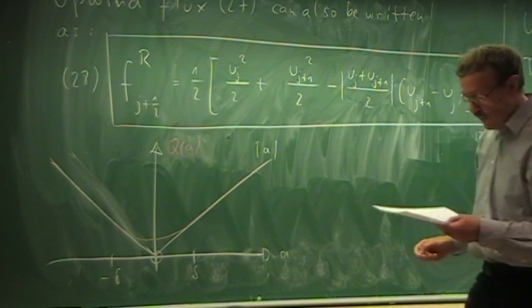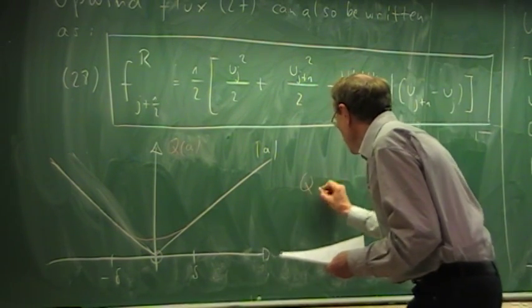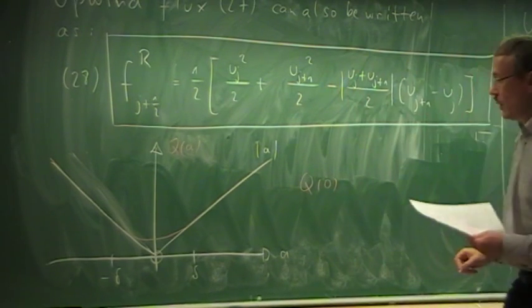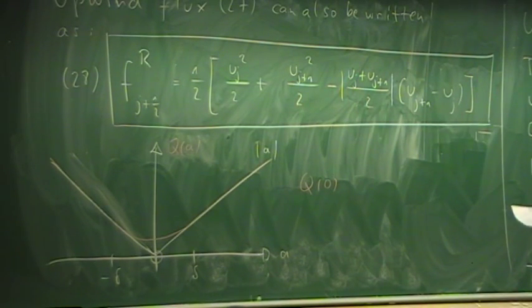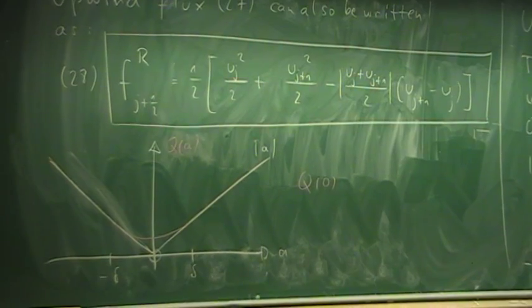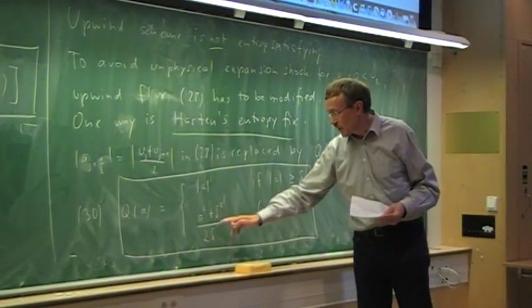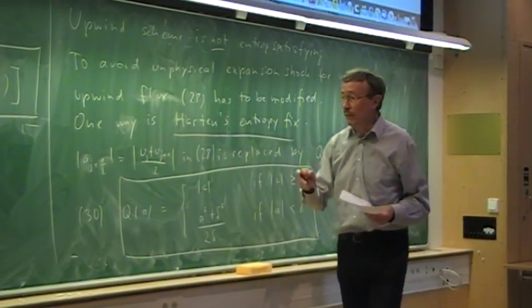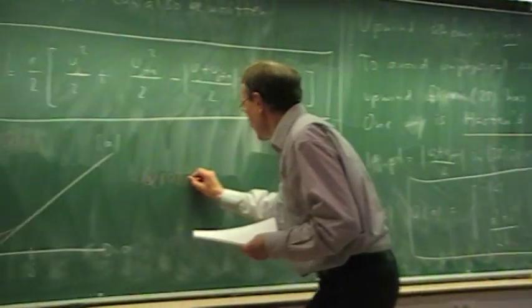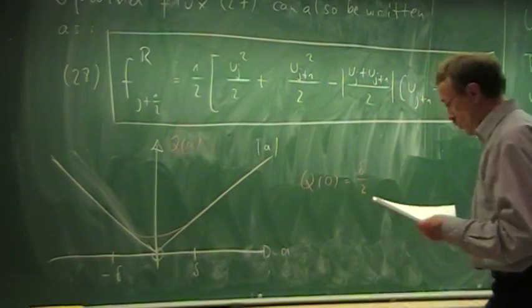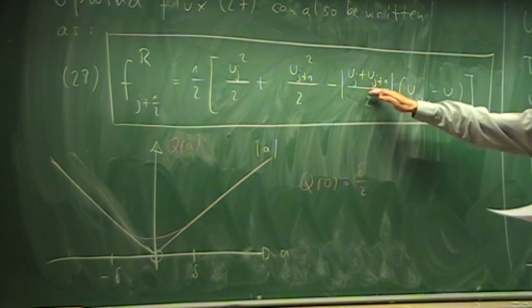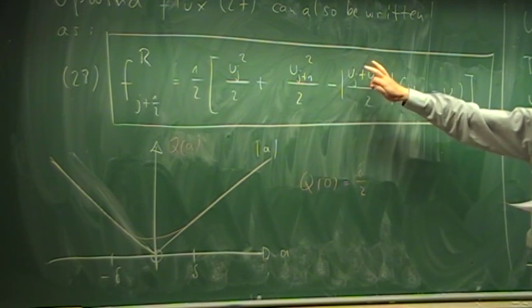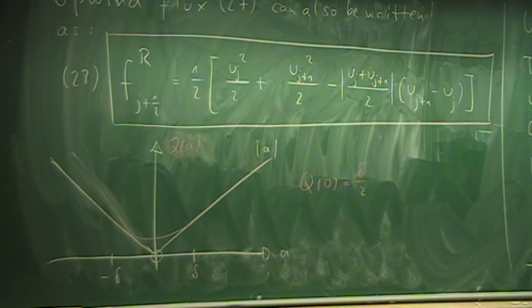So we see that Q of 0 gets some value. It turns out the value is delta squared over 2 delta, so we get delta half. So even if A is 0, we get some numerical viscosity. That's the catch.